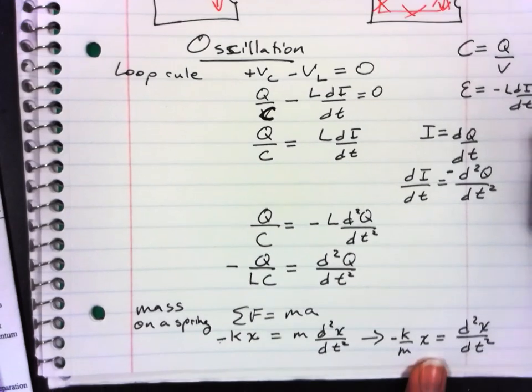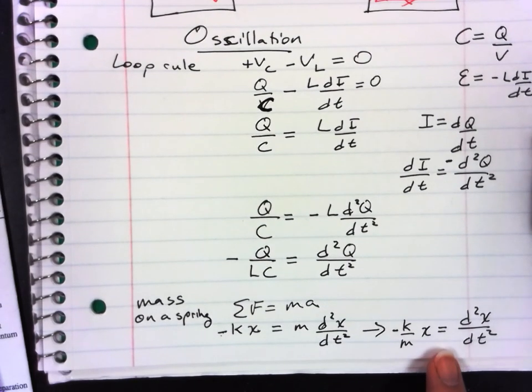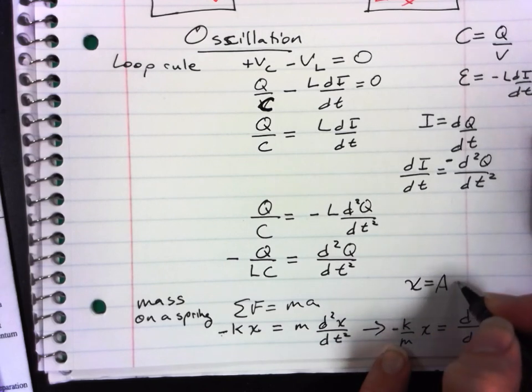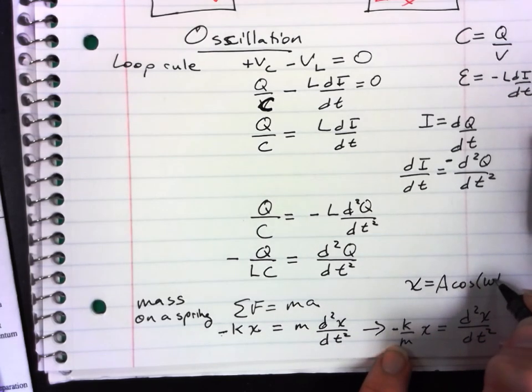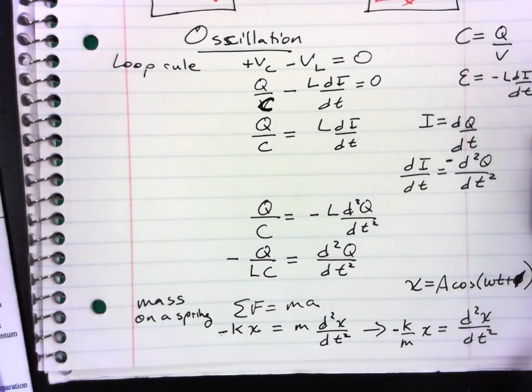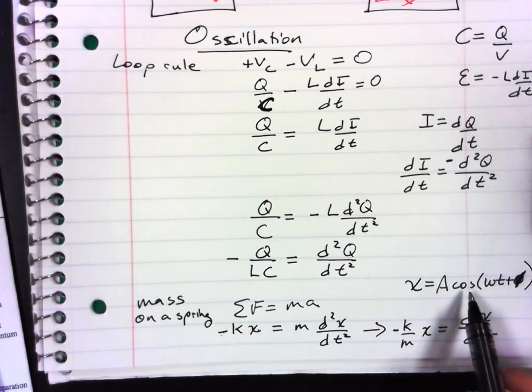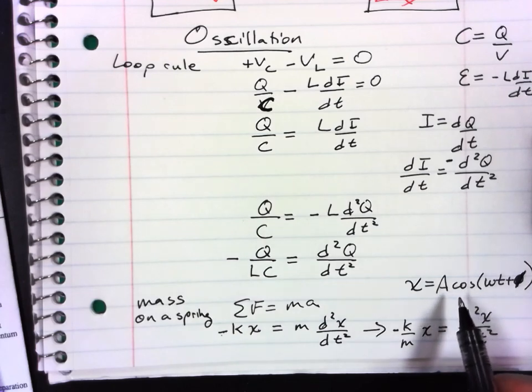Now, when we encountered this before, we said we're going to guess a solution, and we guessed correctly that x equals A cosine of omega t plus phi, the phase constant. A was the maximum displacement, the amplitude. We have a cosine function. We could have guessed a sine. It would have worked just as well, but the College Board chose cosine for their formula chart.